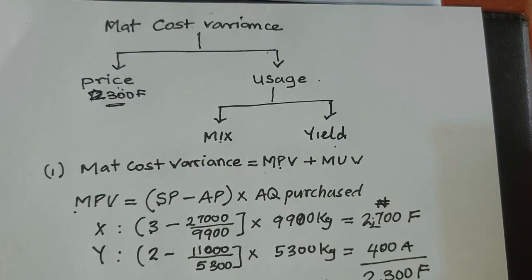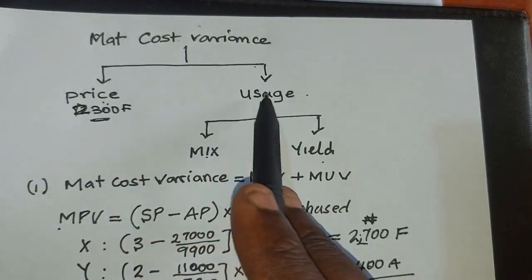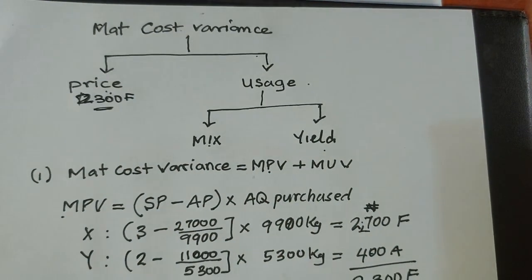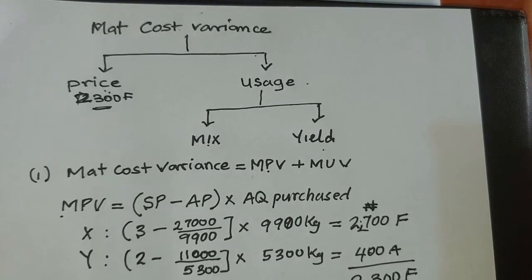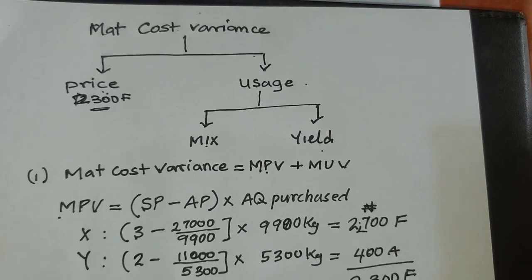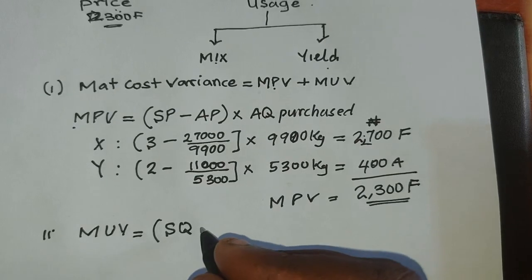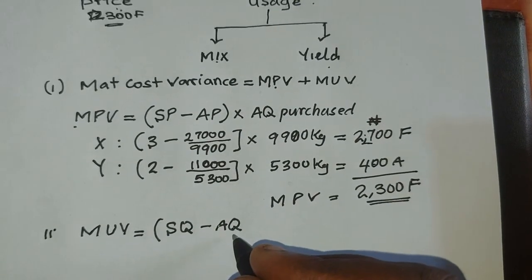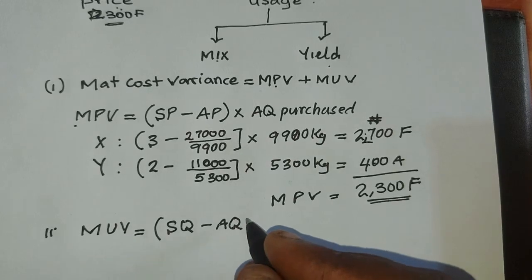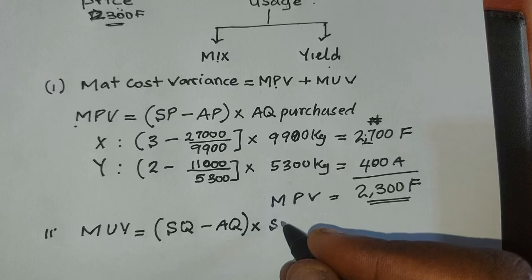All right, now let's look at the material usage variance. Material usage variance is nothing but the standard quantity to be consumed minus the actual quantity that was consumed in production, times the standard price.